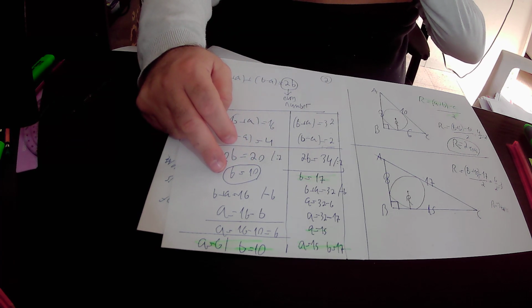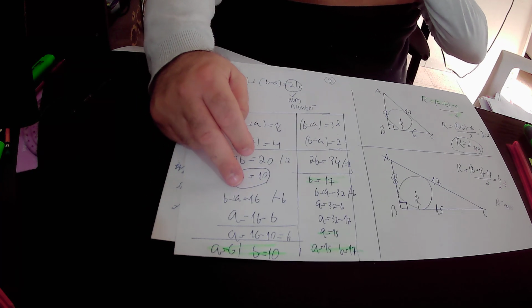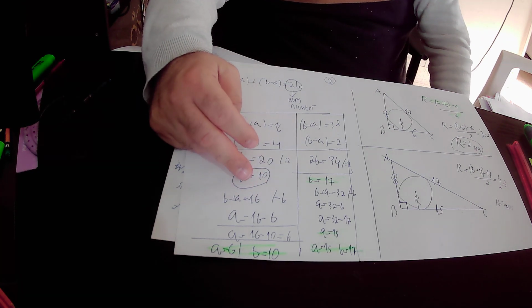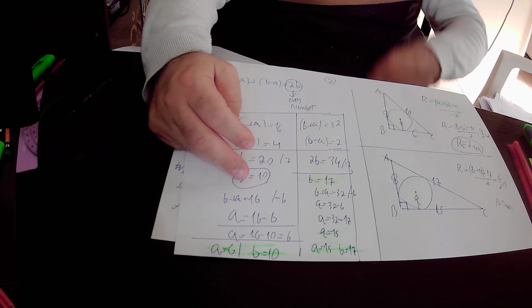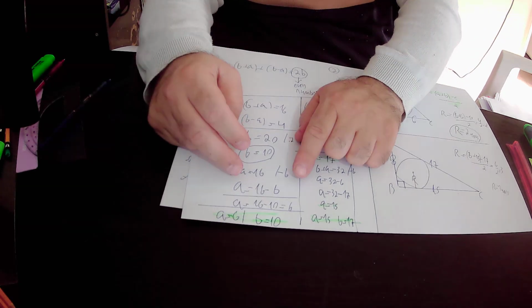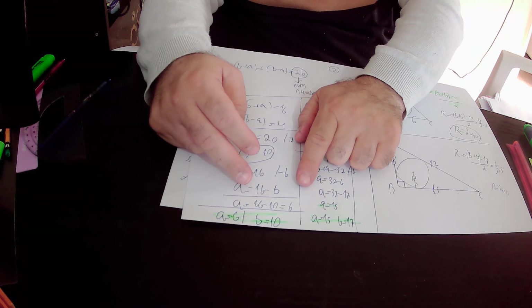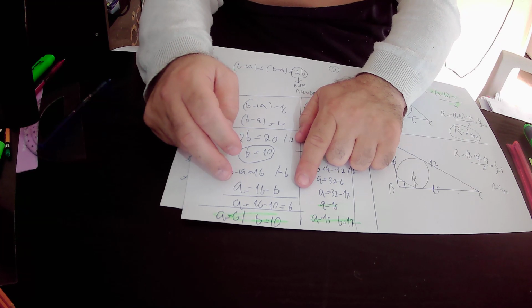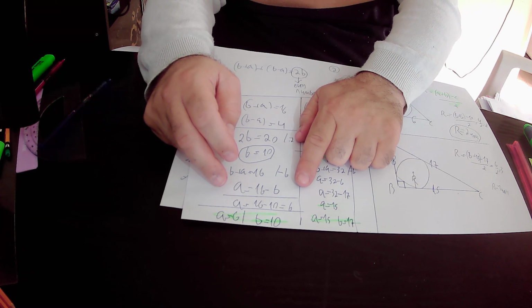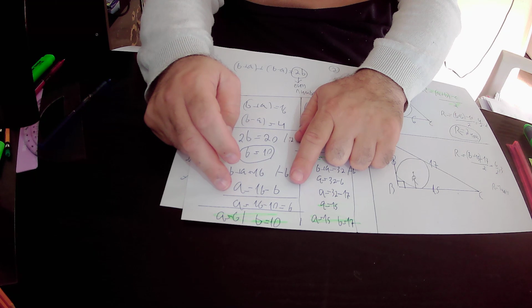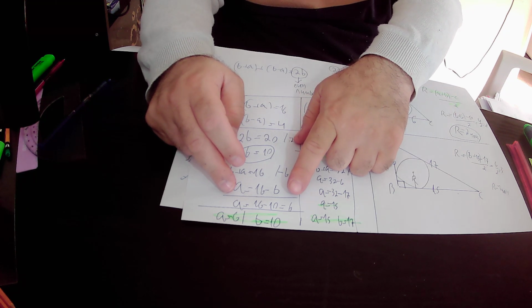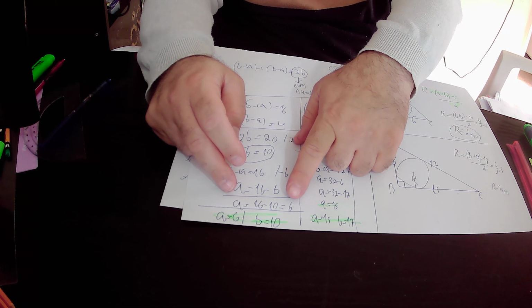We subtracted b from this equation and we found out that a equals 16 minus b. But b equals 10 units, so we substituted b by 10 and we got that a equals 16 minus 10, that is 6. So according to the first possibility, a equals 6 units and b, that is the hypotenuse of the right triangle ABC, equals 10 units.